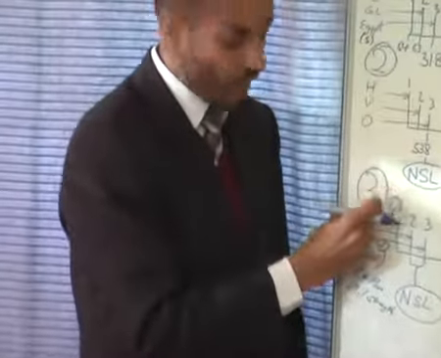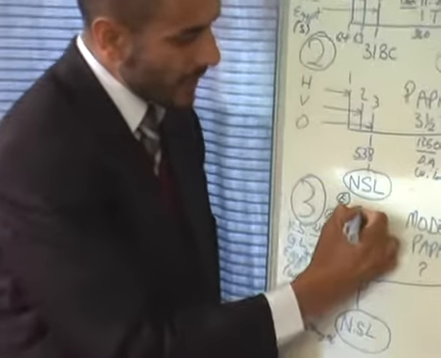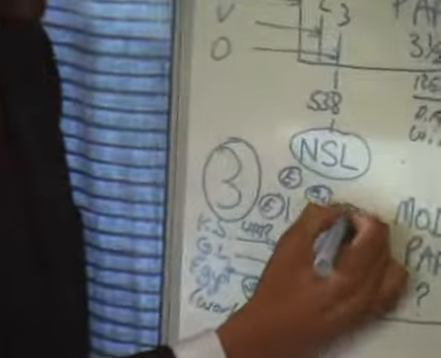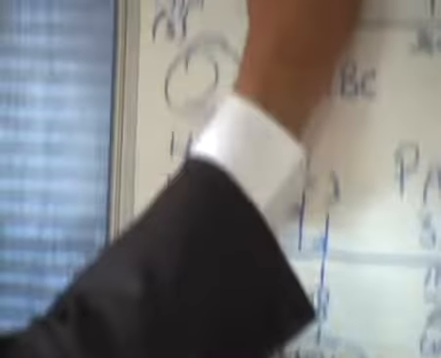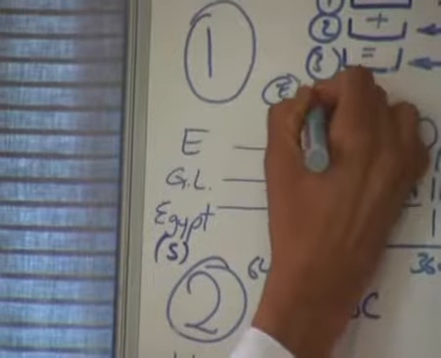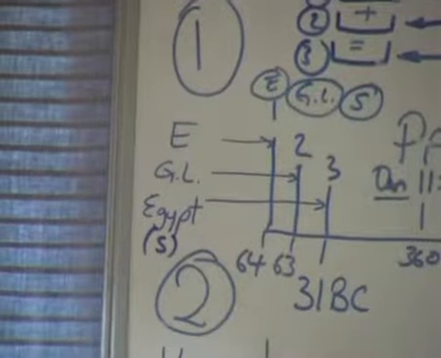So we have the East, the glorious land, and Egypt is the south. So the sequence of events from 1, 2 and 3, I'll put it here: East, glorious land, south. And in pagan Rome's history, look at the sequence: East, glorious land, and south.